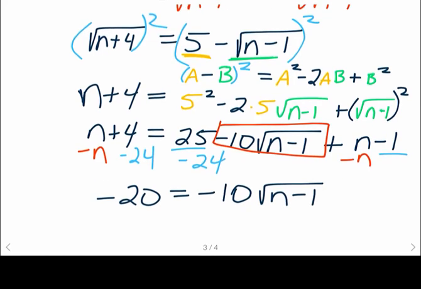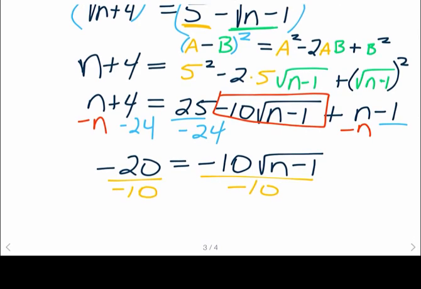This seems set up pretty well for us to divide both sides by negative 10 and completely isolate the radical. I'm going to make a couple of notes about this in a few minutes. But for now, on the left-hand side, negative 20 divided by negative 10 gives us 2. And on the right-hand side, we have the square root of n minus 1.